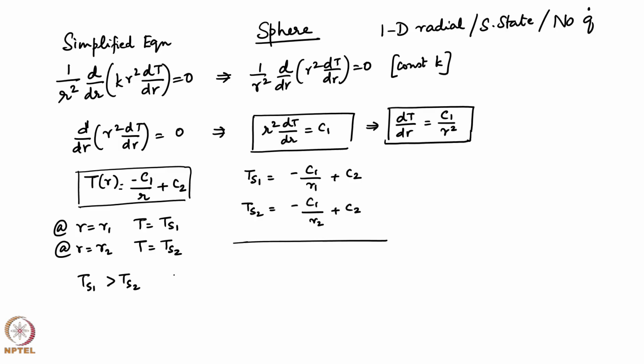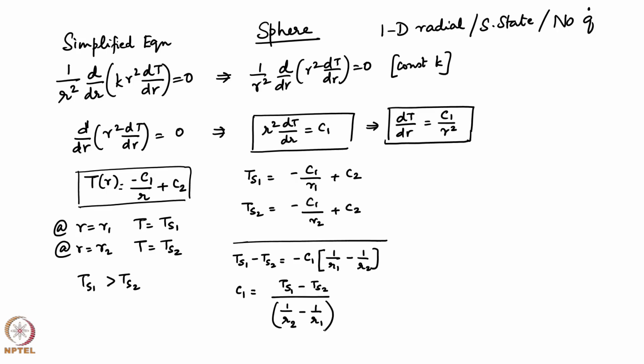Subtract one from the other, you would get Ts1 minus Ts2 is equal to minus C1 times 1 over R1 minus 1 over R2. Therefore, C1 is equal to Ts1 minus Ts2 divided by 1 over R2 minus 1 over R1.